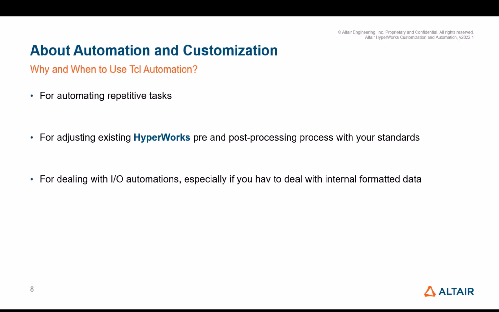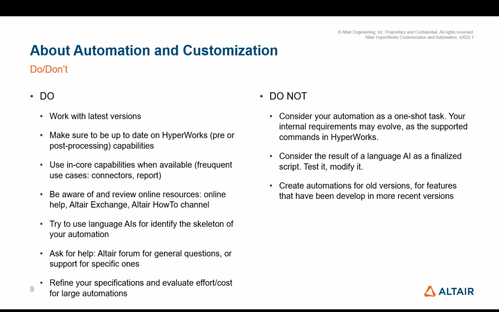Before going to this automation, I really recommend you follow these do's and don'ts. First, as the automation in HyperWorks is improved every version, I really recommend you look at the latest version, because you may need to create automation in old versions that is not needed anymore in new versions, since we have introduced new features to address this need.